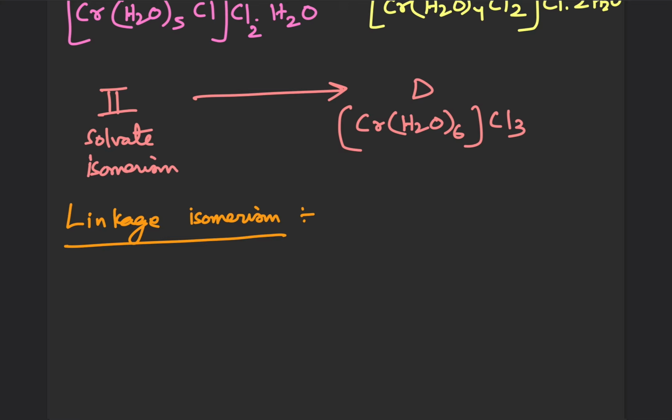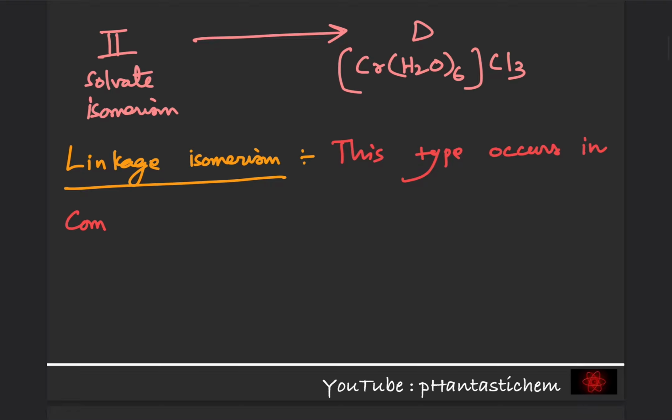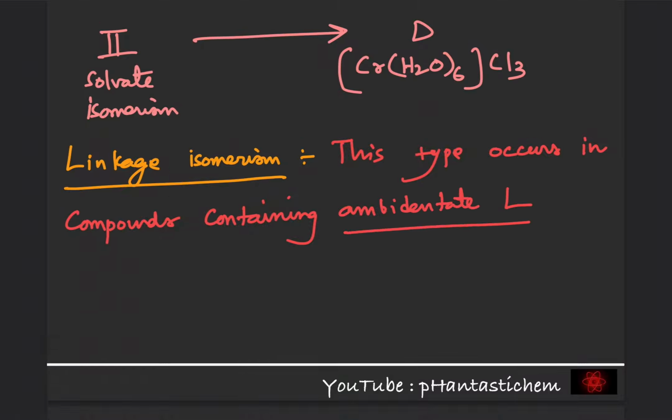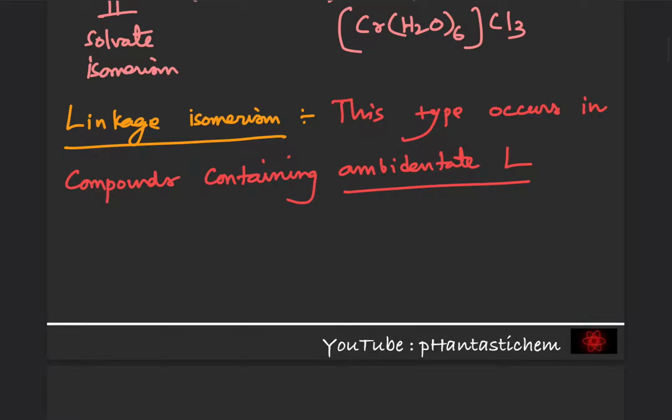This type of isomerism occurs in compounds containing ambidentate ligands. Very important. So what are ambidentate ligands?